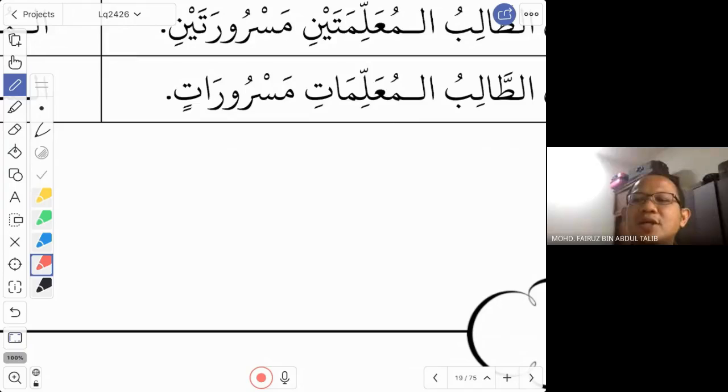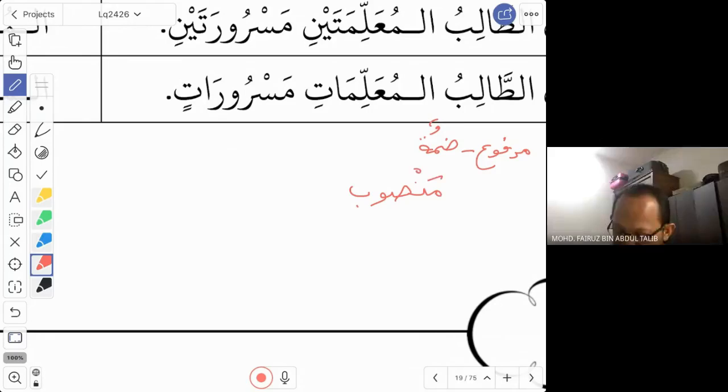If marfu, you will end the word with a dhamma, on, an. But now it is mansub. So how do you end a word when it is in the state of mansub? Fathah. Yes, normally we will use a fathah.